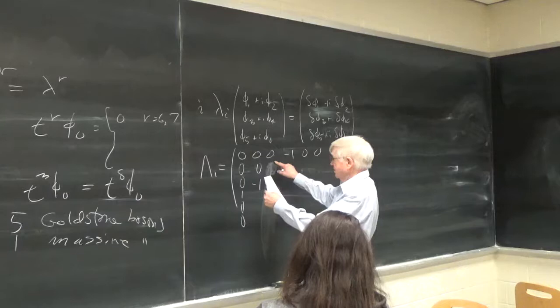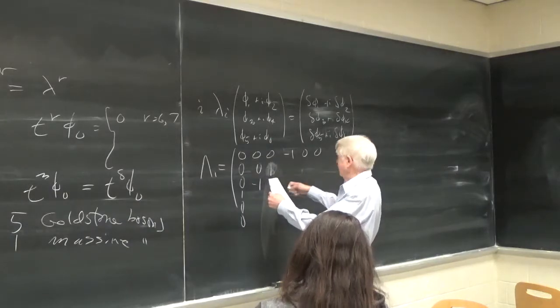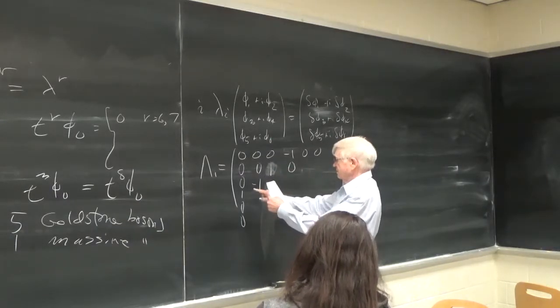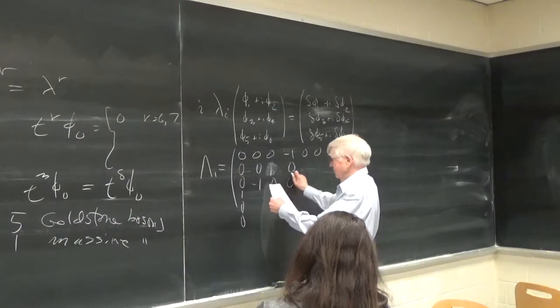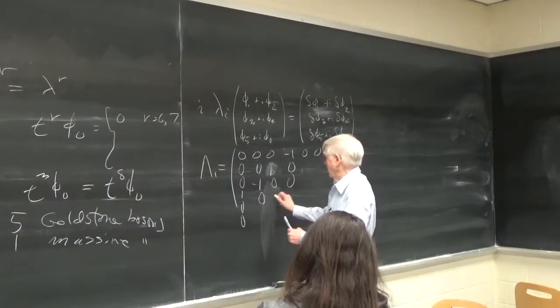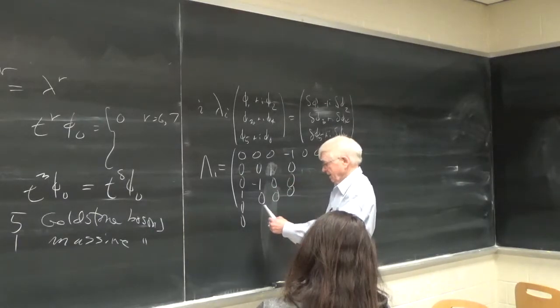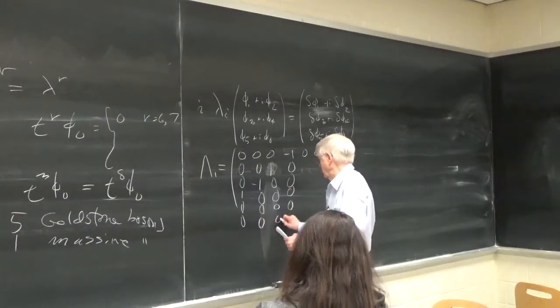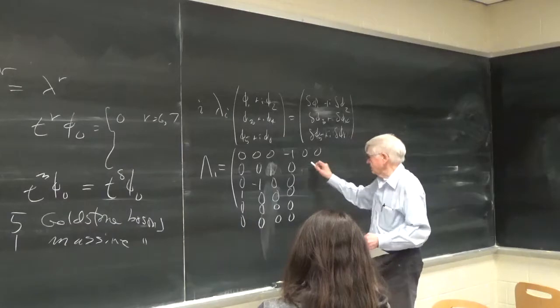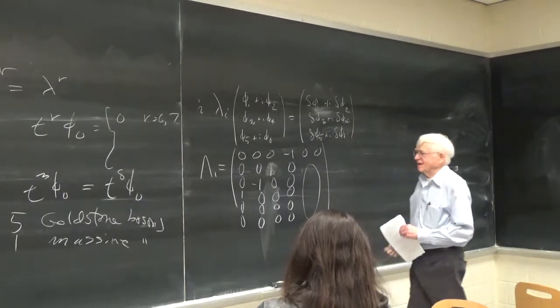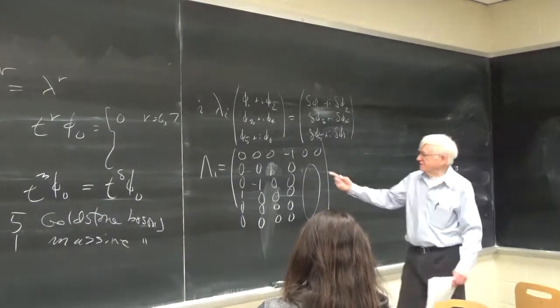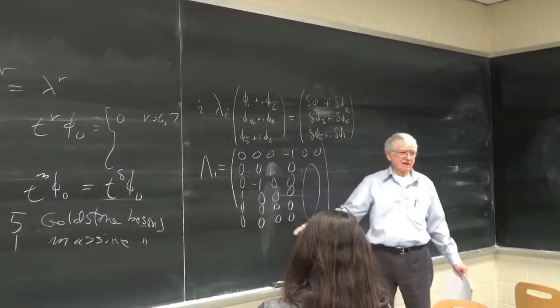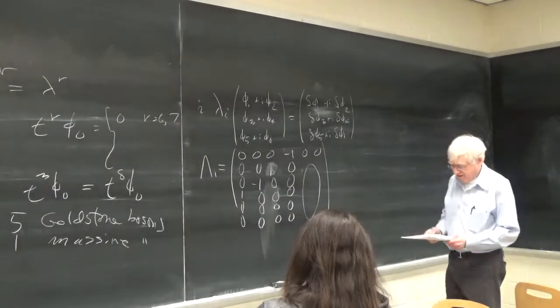Okay, 0, 0, 0, -1, 1, 0. 0, -1, 0, 0, 1. And then all zeros here. So that's lambda 1.